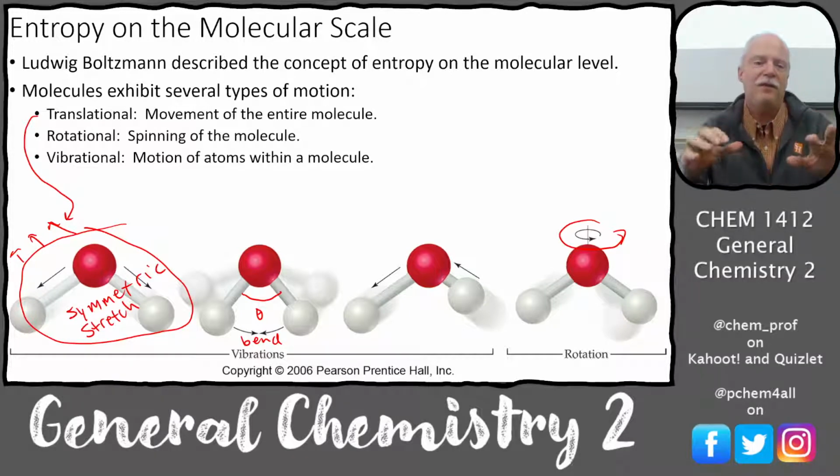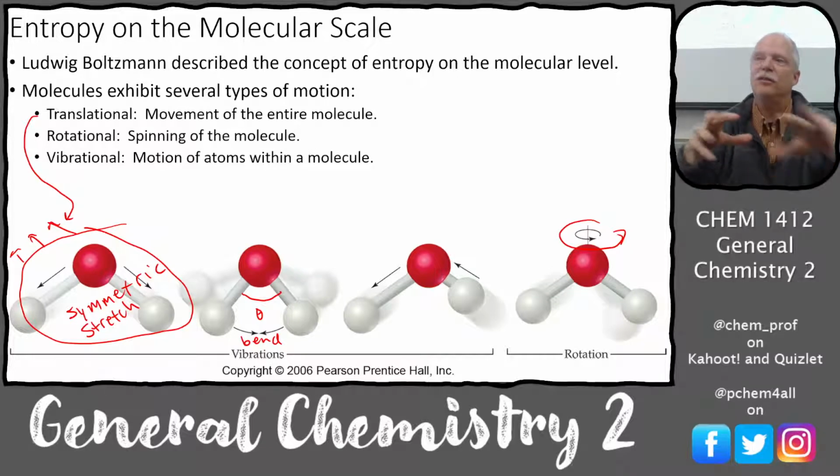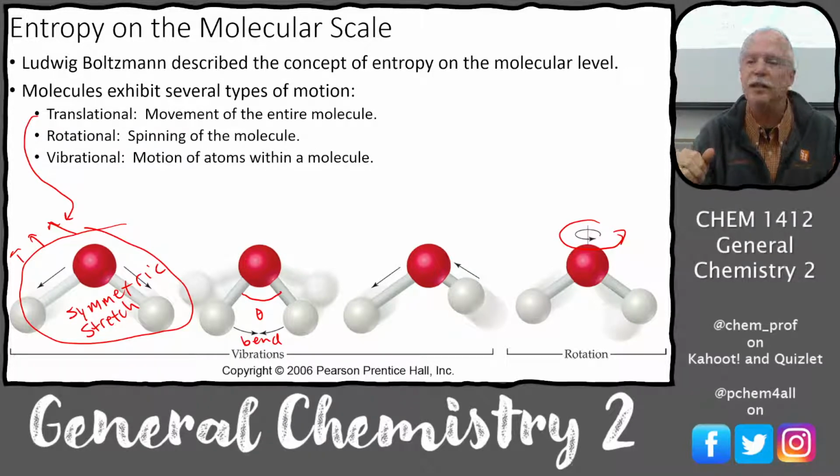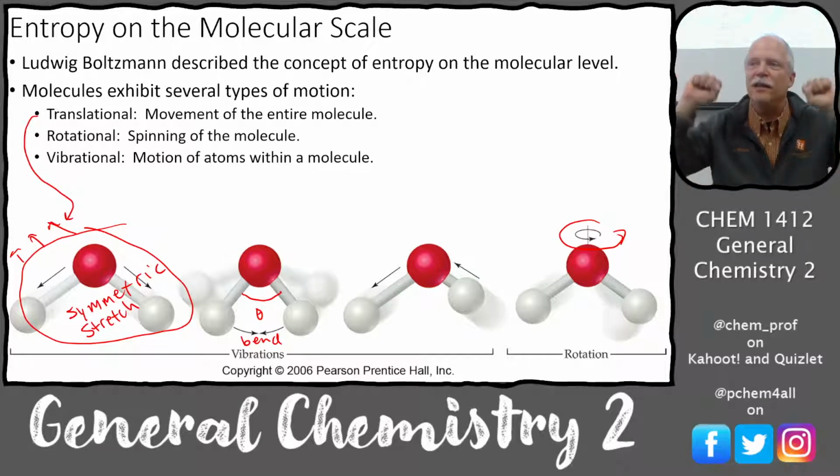Now, if I have 100 water molecules, I have 300 vibrations because there's 300 types of vibrations. And if one of those molecules has a bending mode that's excited, like instead of bending slowly, it's bending faster, then it's excited. And there's, again, 100 molecules.